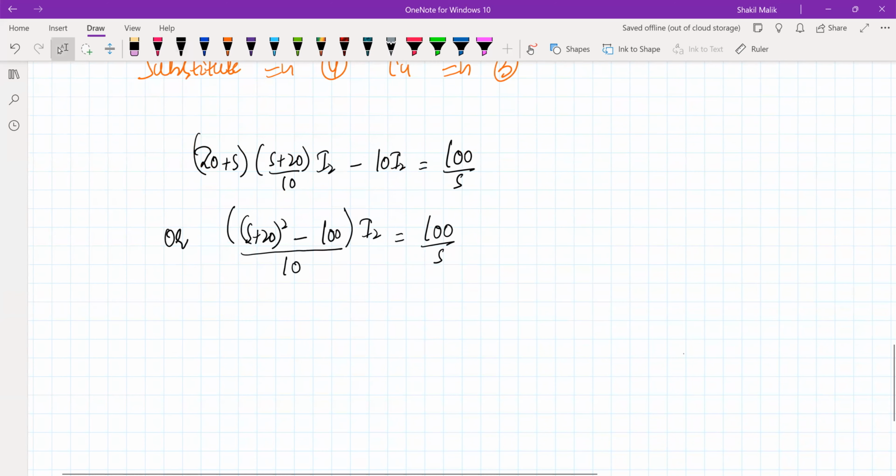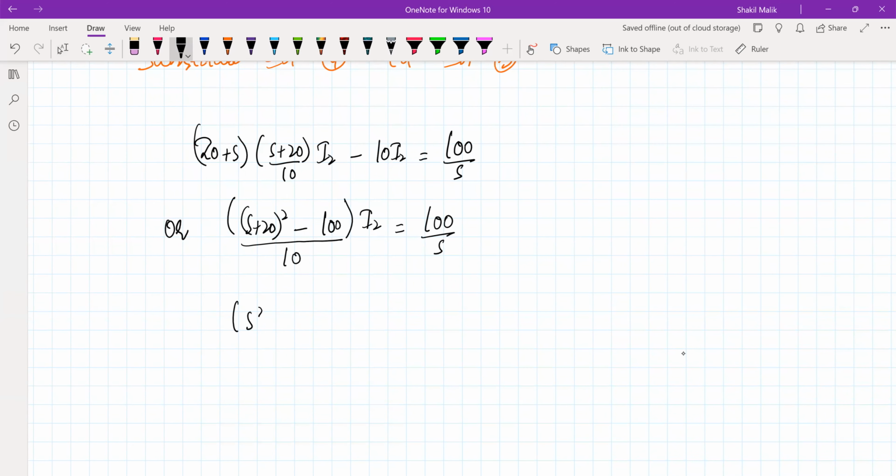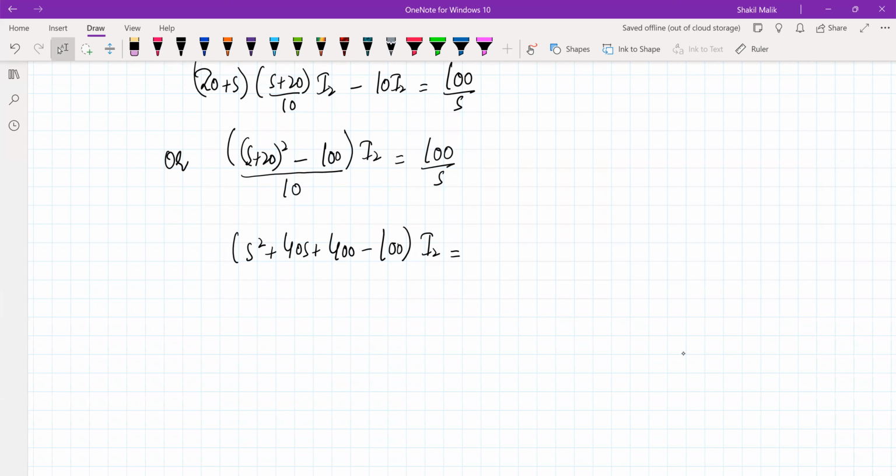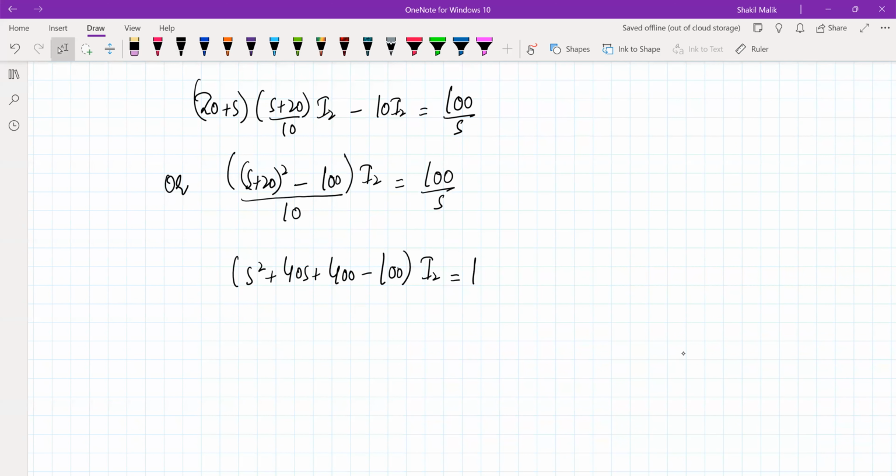Just cross multiplying the terms, this is s squared plus 40s plus 400 minus 100, I2. If I multiply both sides by 10, 10 and 10 will cancel from the left hand side. So here we'll have 1000 divided by s. So this is simply s squared plus 40s plus 300, I2.